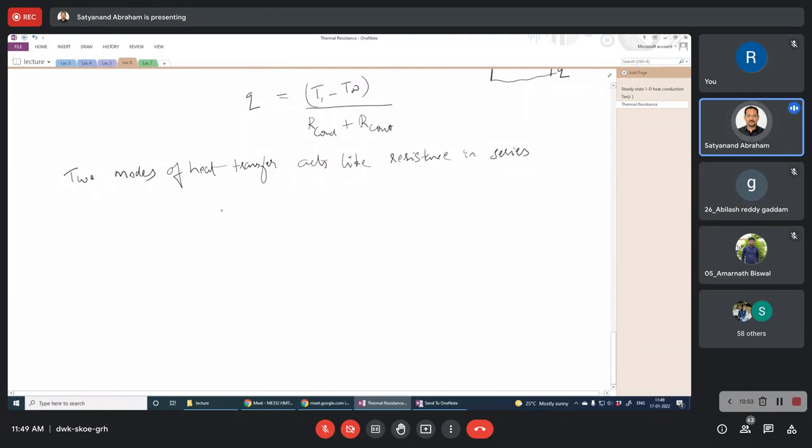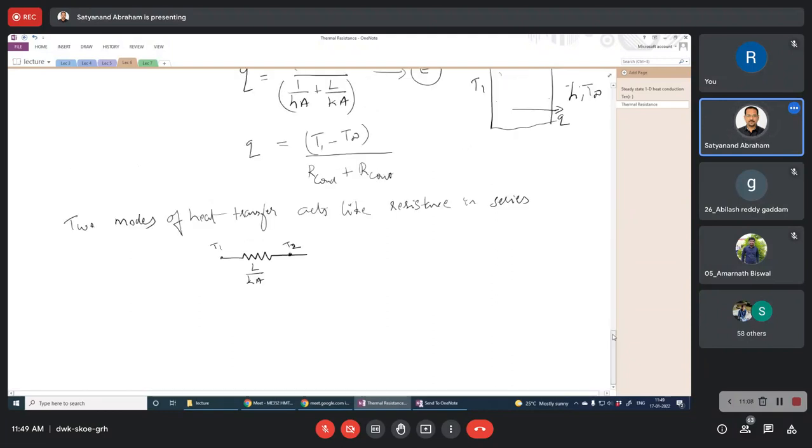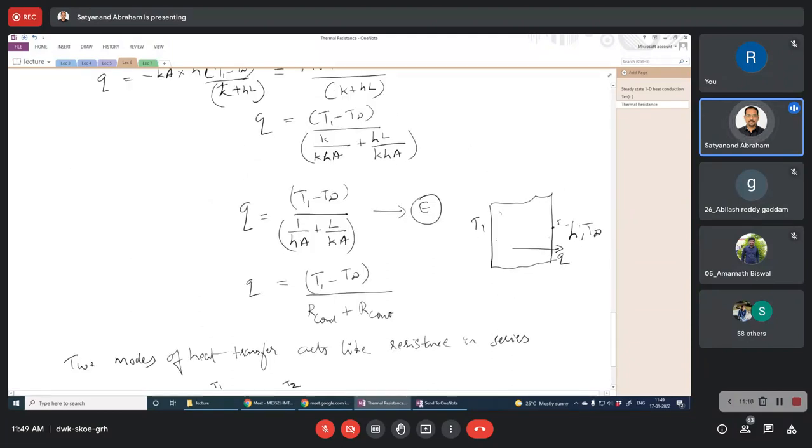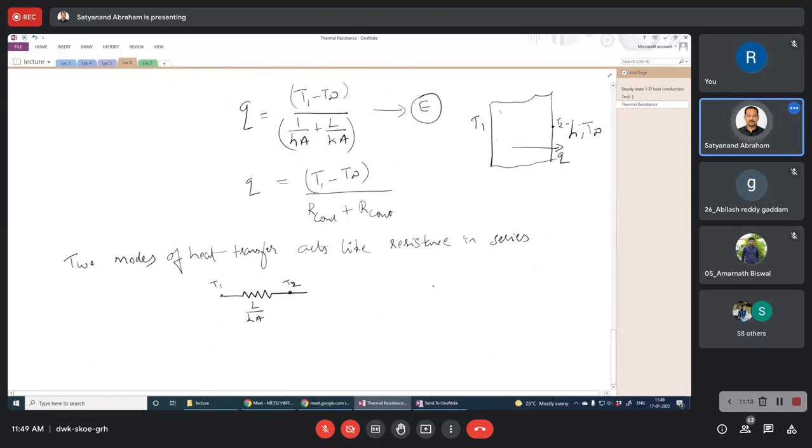Here we have T1 over here, and after that we have the conduction resistance, which is L by Ka. At the end, we have the temperature T2, which is again unknown, and then we have the convective resistance, 1 by hA.